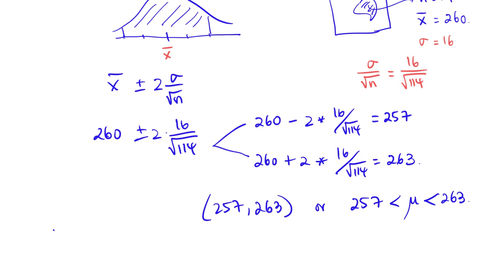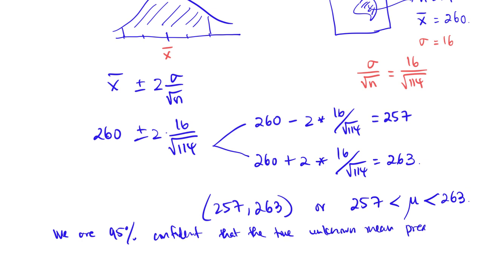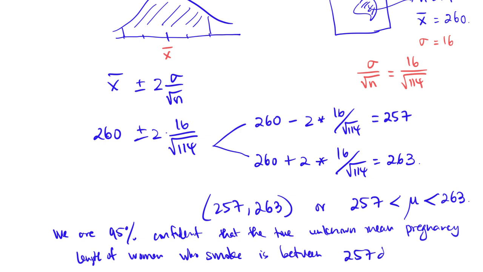We say that we are 95% confident that the true unknown mean or average pregnancy length of women who smoke during pregnancy is between 257 days and 263 days.